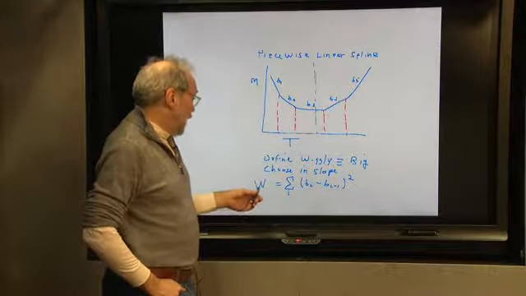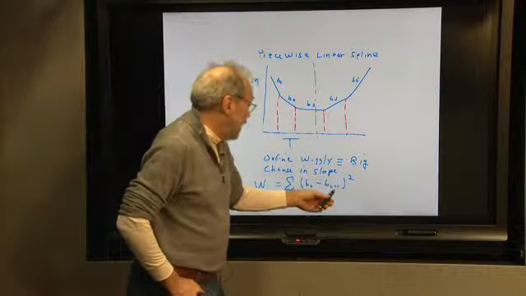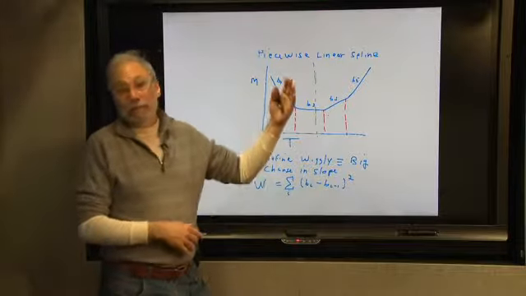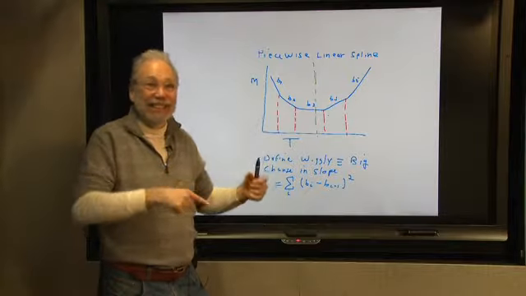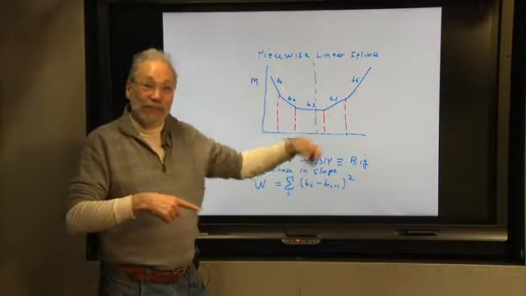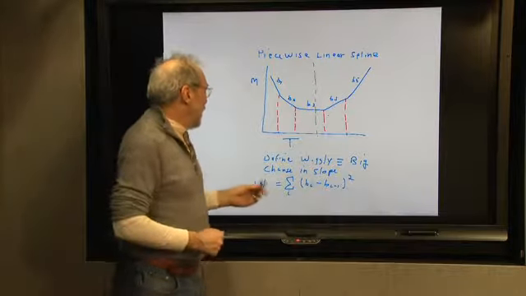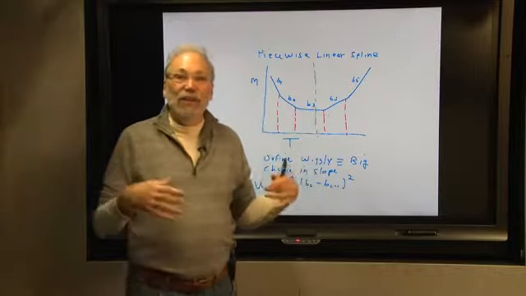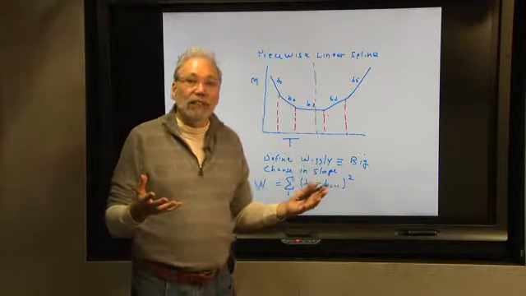And so I could take Bi, the ith slope, minus the previous one, square it, because I don't want positive big changes and negative big changes to cancel out, because a sawtooth is wiggly. And so I square it and add that up, and that I can call a measure of the wiggliness of the curve.